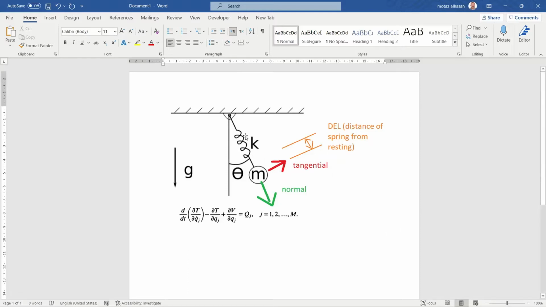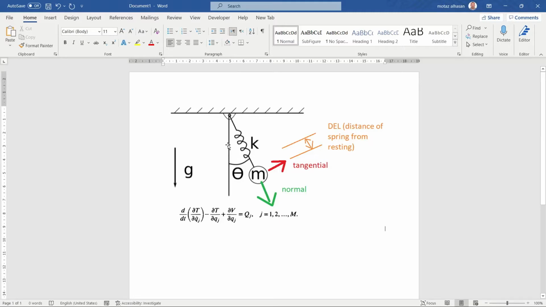x is how much the spring has deviated from its resting position. In this case, I'm going to call it del, and theta is just theta, obviously, the angle of the spring pendulum from this normal axis, or the y-axis, or the perpendicular axis, or whatever.